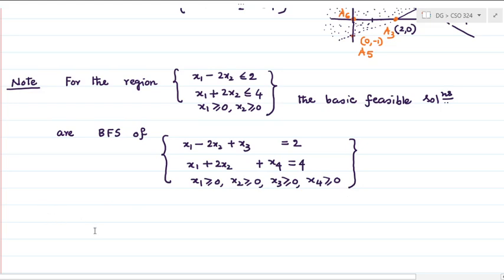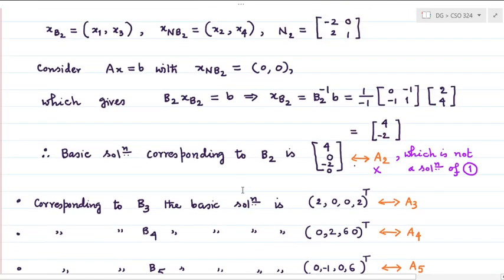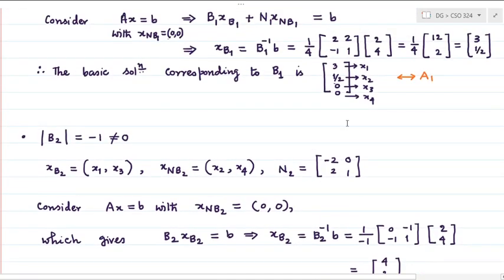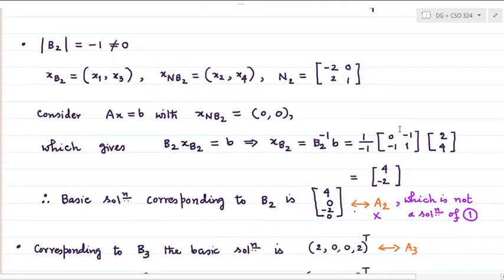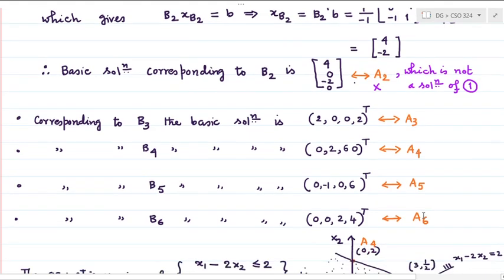So if you filter out, we find the points which satisfy the condition that all four components of the solution are non-negative. So A1 is a point, A2 is not, A3 is, A4 is, A5 is not, and A6 is.